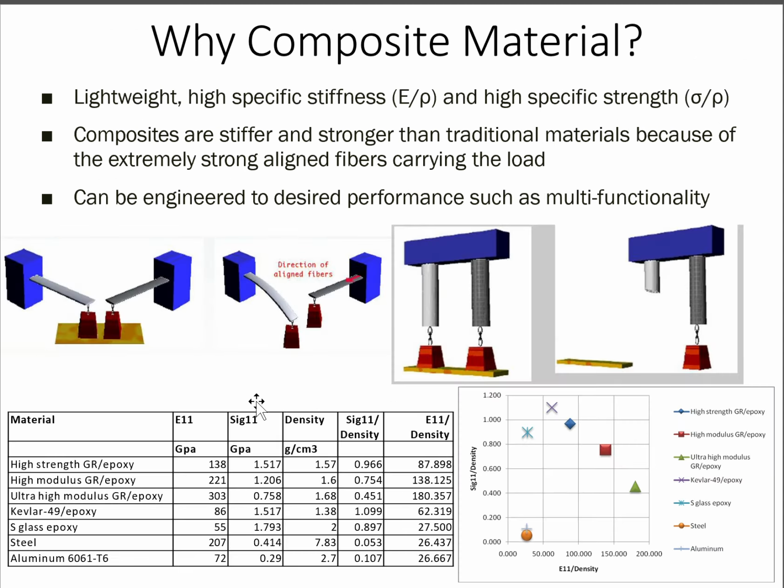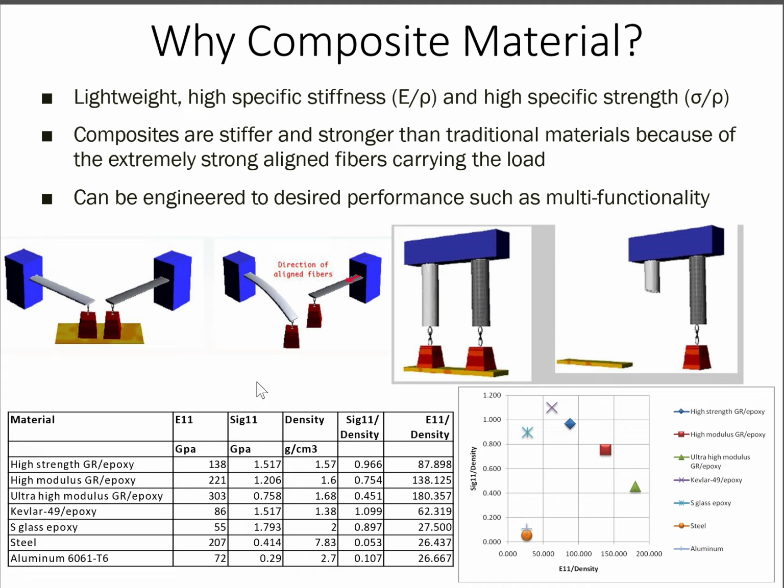Why do we use composite materials? Composite materials in general are lighter than metals. They usually have higher specific stiffness and higher specific strength. And essentially, they are stronger because of extremely strong fibers that are aligned with the direction of the load.